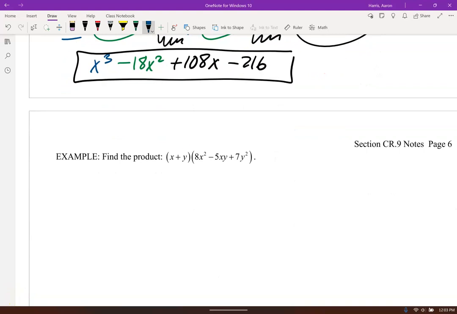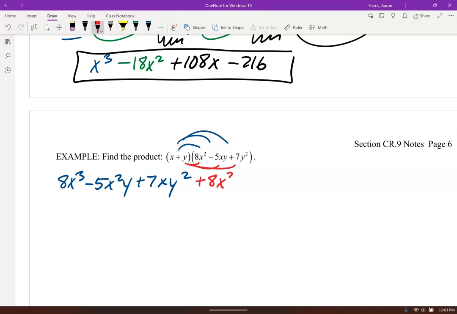So let's take this x through to everybody. So we got 8x cubed minus 5x squared y, and then plus 7xy squared. Now I'm going to take the y through to everybody. 8x squared y minus 5xy squared plus 7y cubed. Like terms, that's the only 8x cubed.